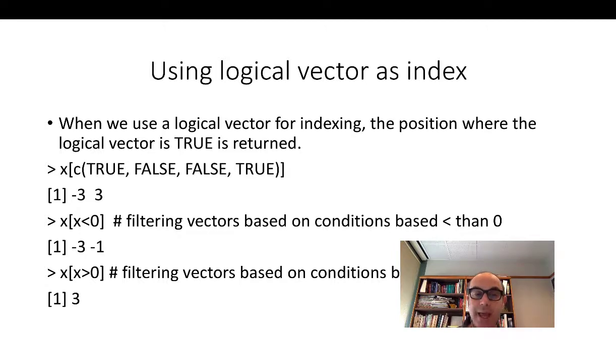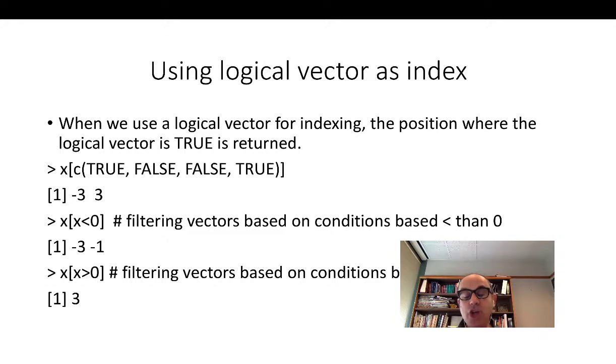So again, a container called X has true, false, false, true. And if we try to see where the condition is, is it bigger or smaller than 0, we will get some indication of where the index lines up in that position.